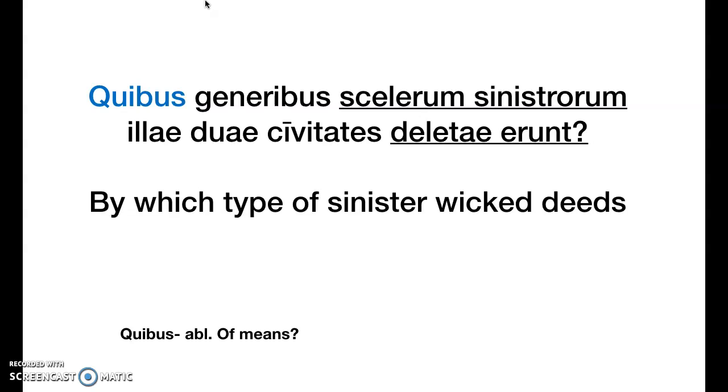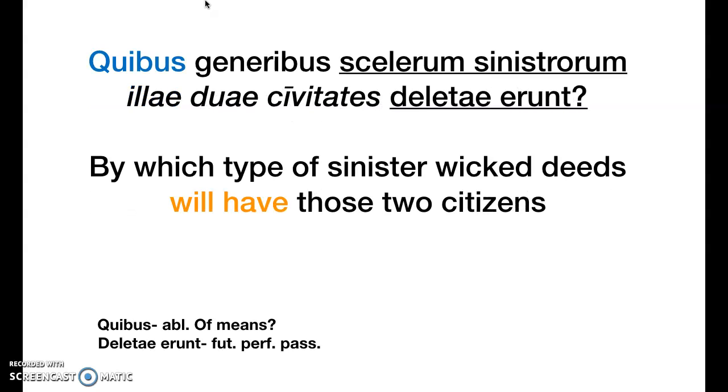And then I see illi duae civitates, and you should be thinking that that is, and apparently I'm using underline for these genitives here, so I'm not going to underline the subject, okay? That is the subject right there, illi duae civitates. They can certainly be nominative, and they agree with the person and number of our verb, okay? Which is also underlined. So that would be something like those two citizens.